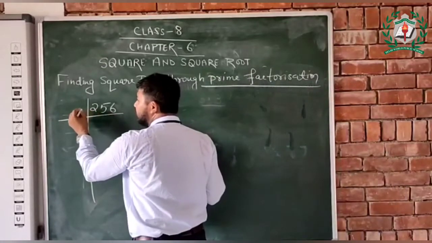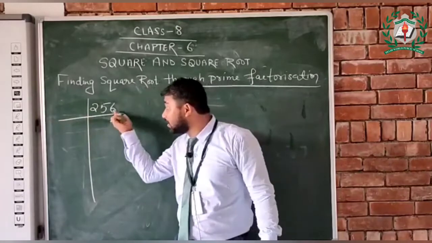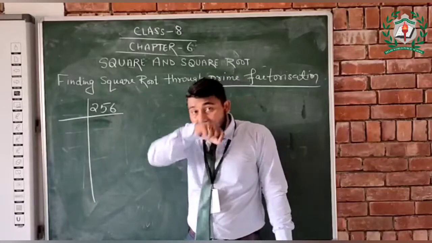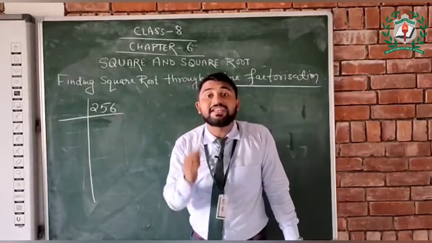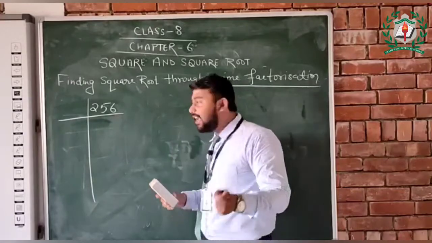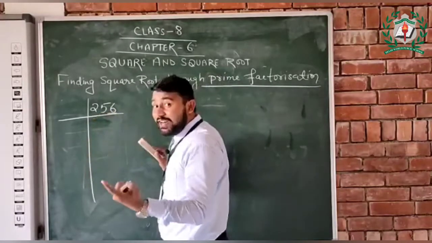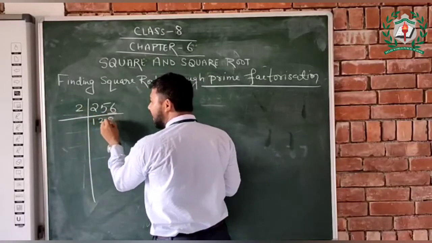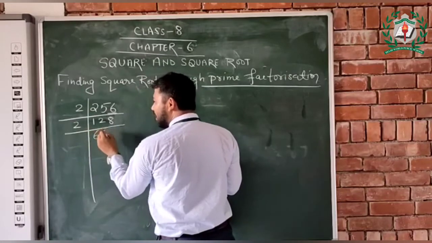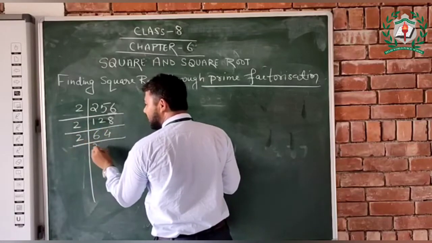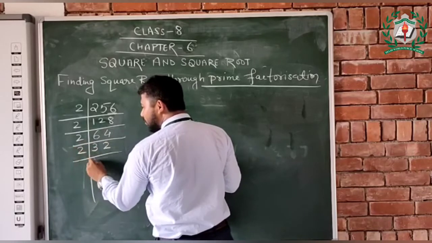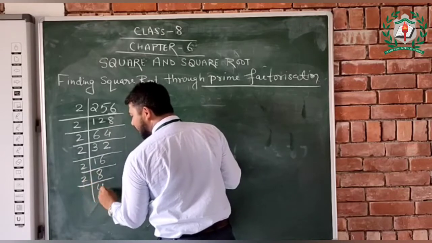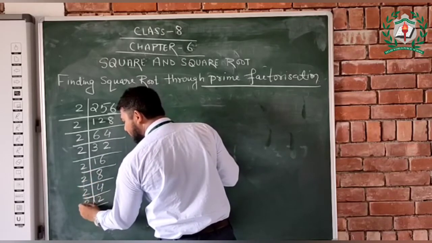Remember, if the unit digit is even, we factorize by 2; if the unit digit is odd, we factorize by 3. Here it is 6, an even number, so we start from 2. 2 128s are 256, 2 64s are 128, 2 32s are 64, 2 16s are 32, 2 8s are 16, 2 4s are 8, 2 2s are 4, 2 1s are 2.